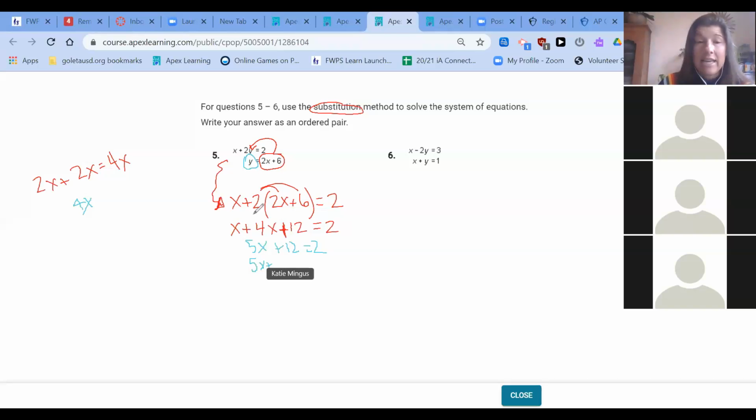Now we need to isolate that x value. Katie's doing a good job of showing all of her work. So now we're trying to get that x by itself. And once we do that, we will then know half of the solution.